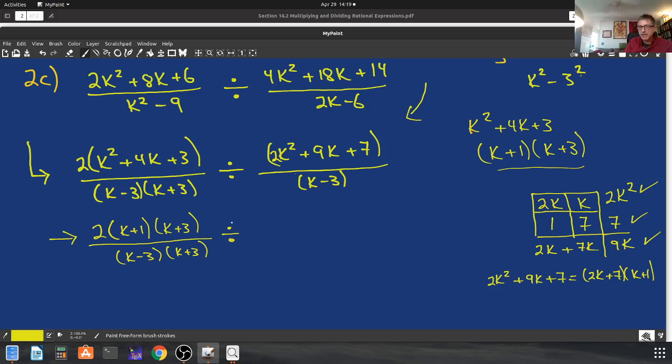I'm going to do all my cancellations before I do the division. So now I'm going to write 2k squared plus 9k plus 7 in its factored form. 2k plus 7, k plus 1 over k minus 3.